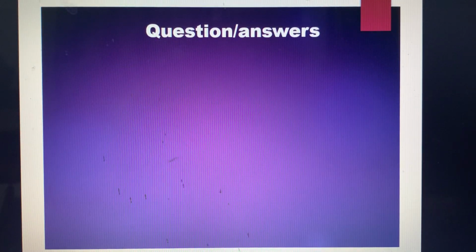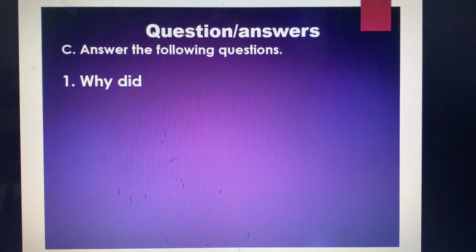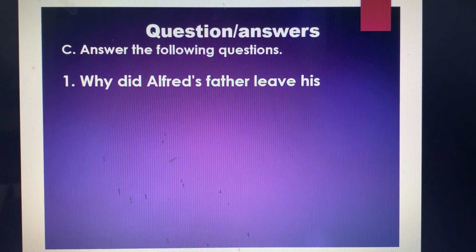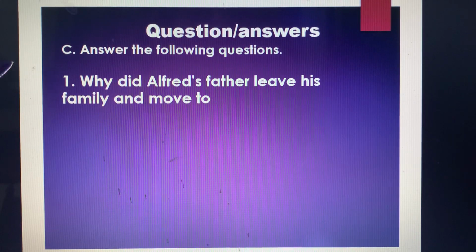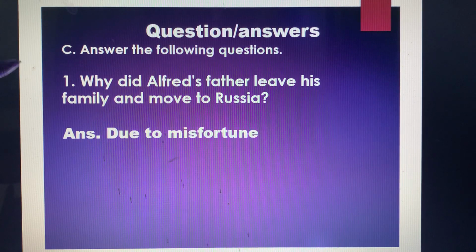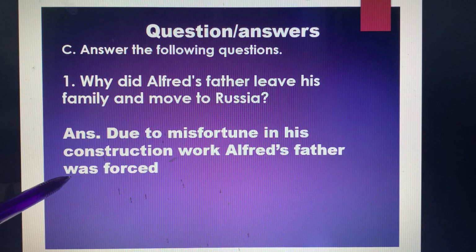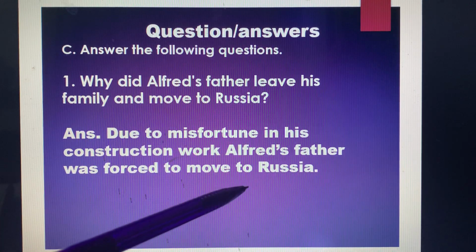Now let us move on to the question answers. It is part C. Answer the following questions from your Together With book. The first question is, why did Alfred's father leave his family and move to Russia? क्यों गए थे वो रशिया में? Due to misfortune in his construction work, Alfred's father was forced to move to Russia.